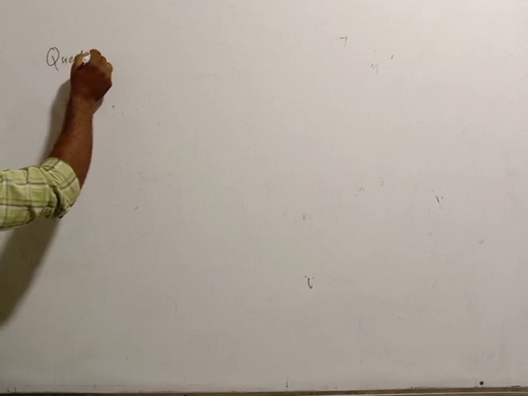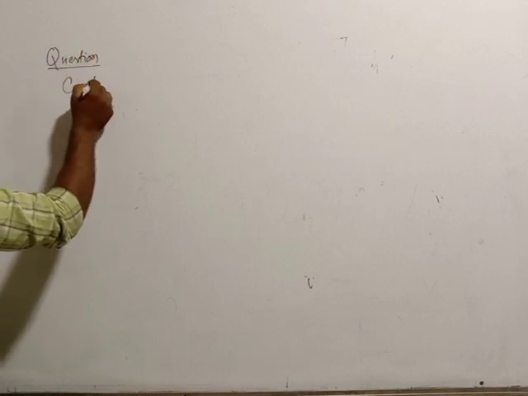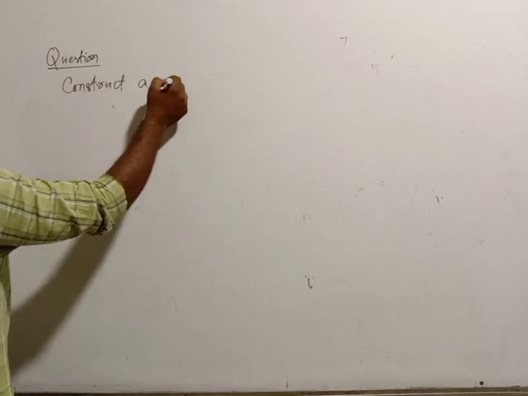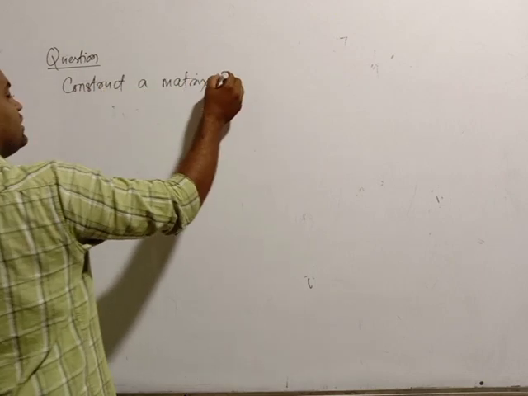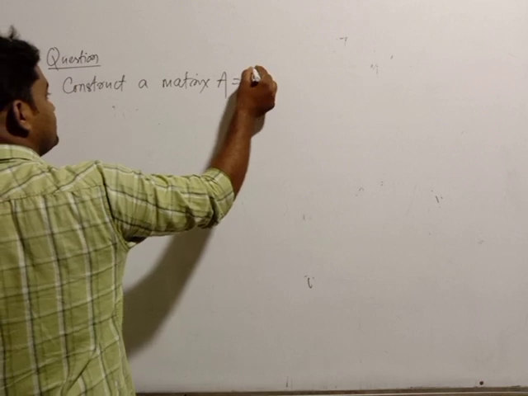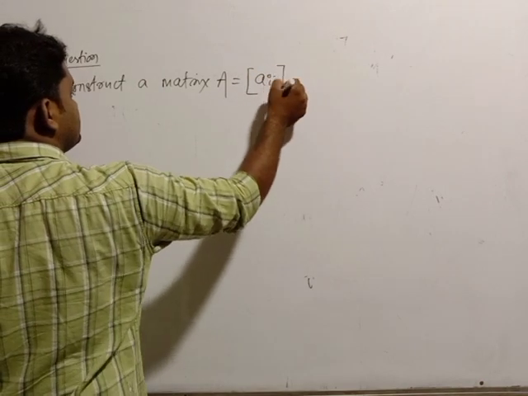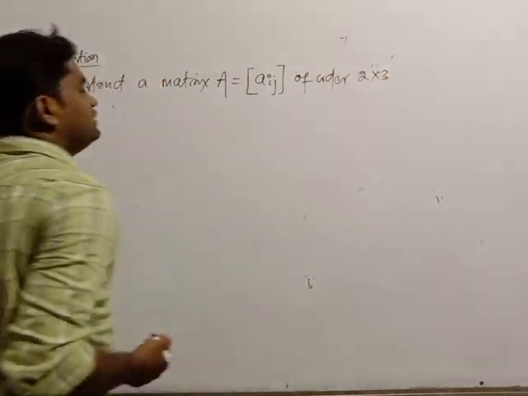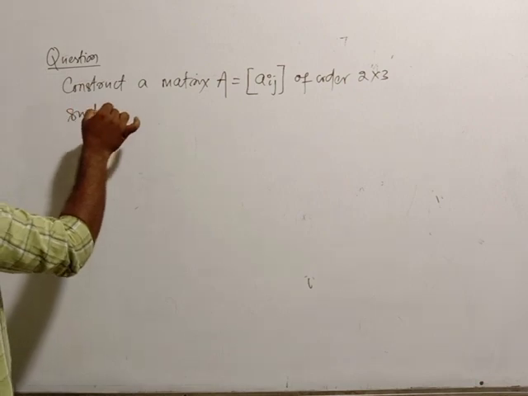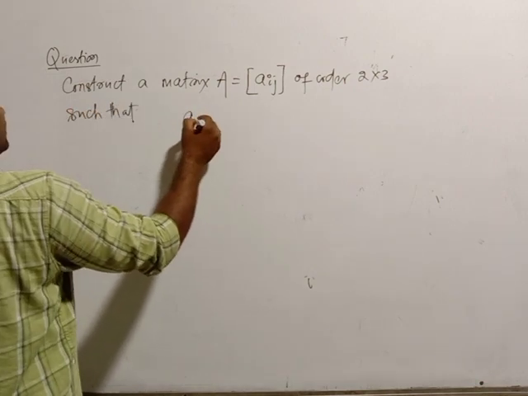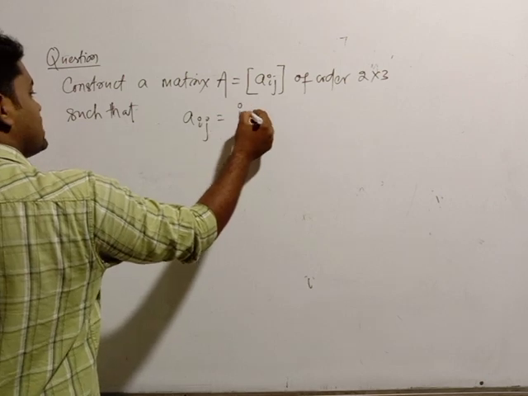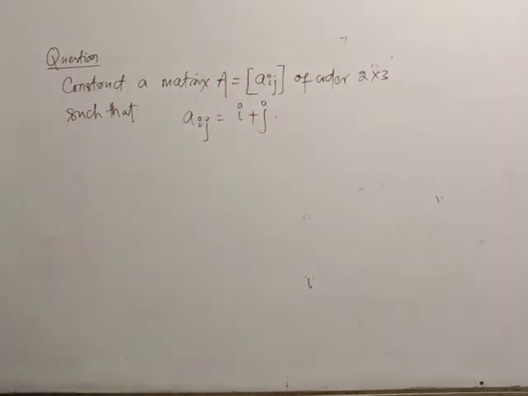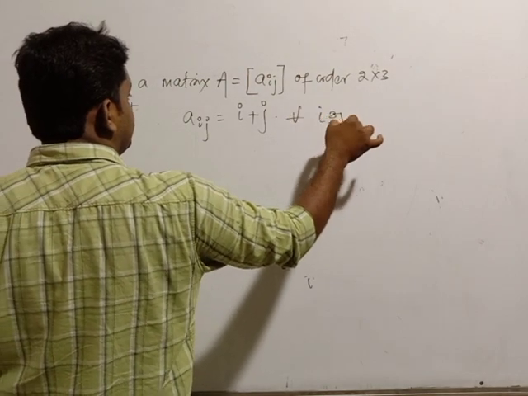Construct a matrix A equal to [aij] of order 2 by 3 such that aij equal to i plus j for all i and j.